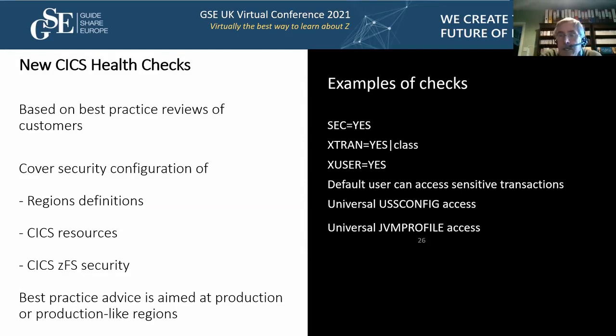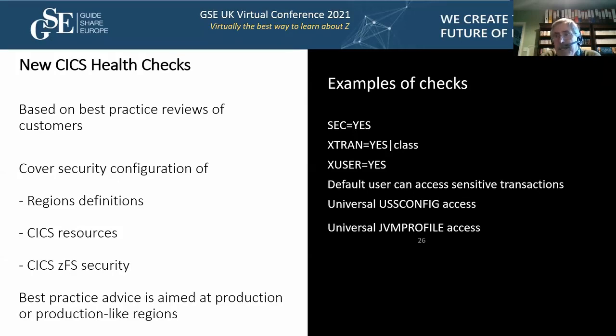But in the open beta, we've introduced a lot of new checks to check on the configuration, and these are based on best practices that we've talked to auditors about, of what they would recommend a CICS system to be configured with. In particular, these are things that you would configure a production region with.